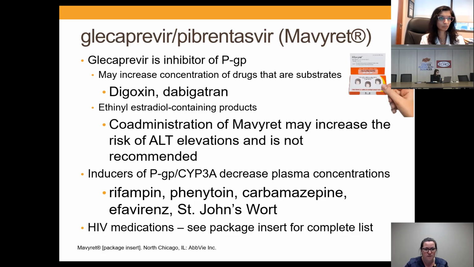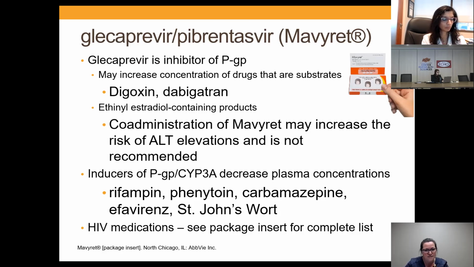One big one that comes up a lot here, though, is ethinyl estradiol containing products. So basically, we're talking about birth control that has the estradiol component. The co-administration of these two potentially increases ALT, and so it's contraindicated.